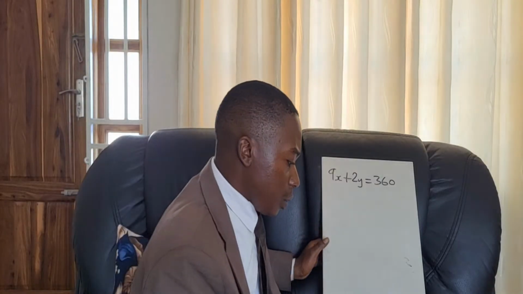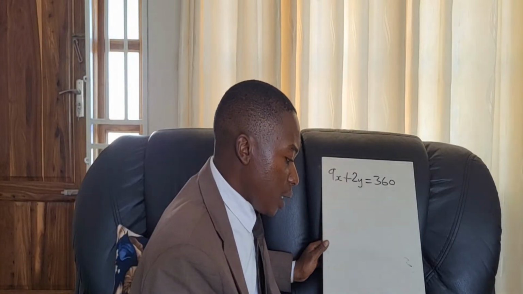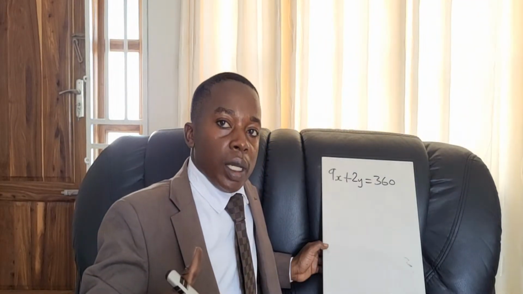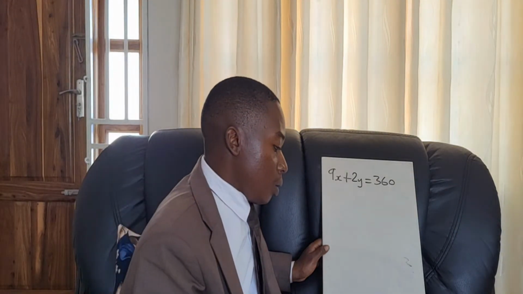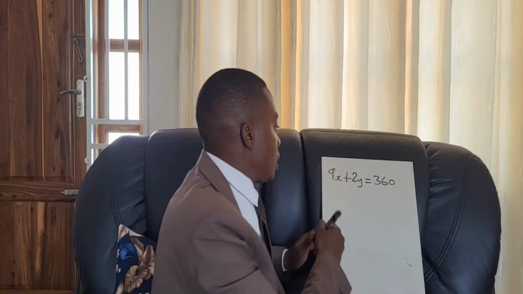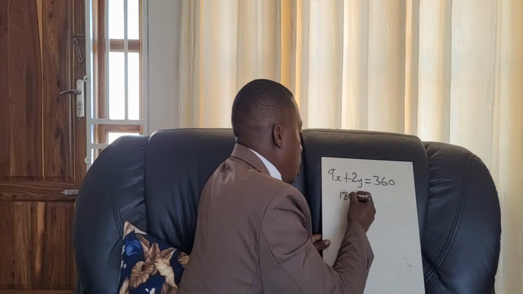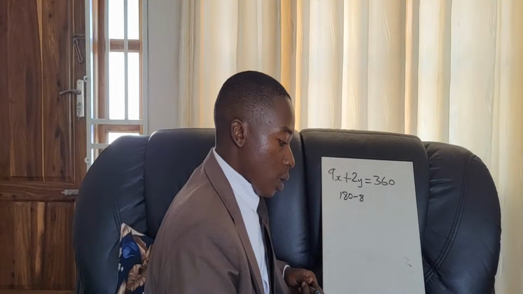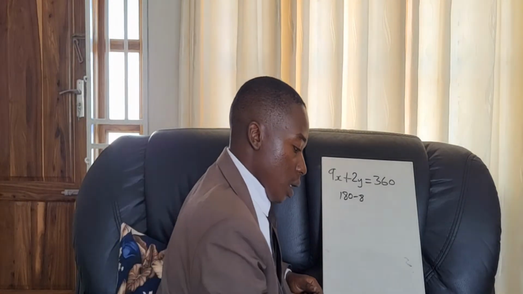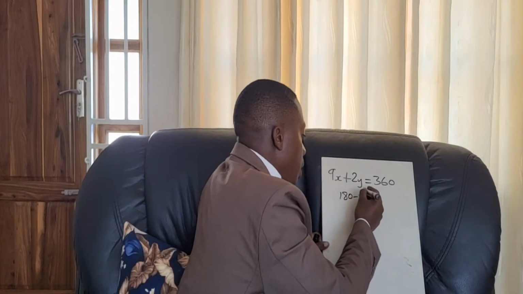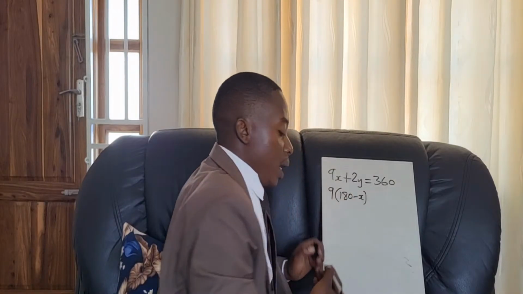Then the second statement: the sum of the 9 angles adjacent to x. Because interior and exterior angles give us 180, the angles adjacent to x have a value of 180 minus x, and we multiply by 9.